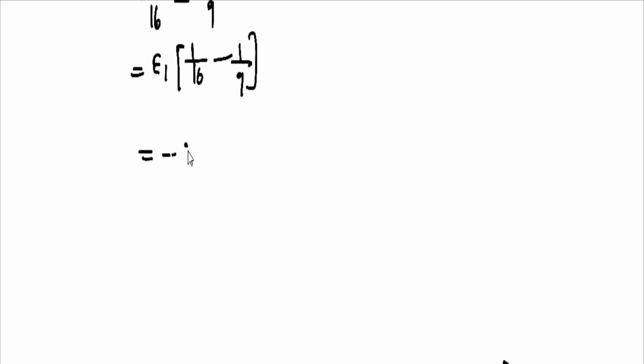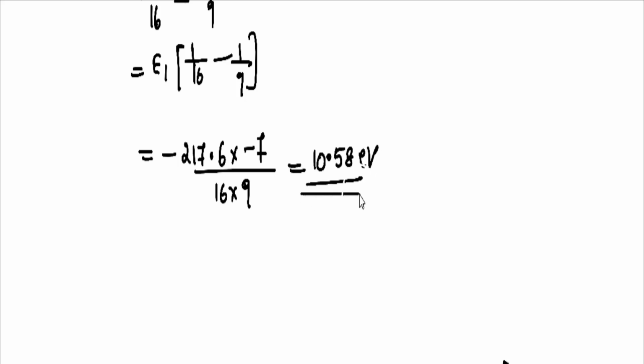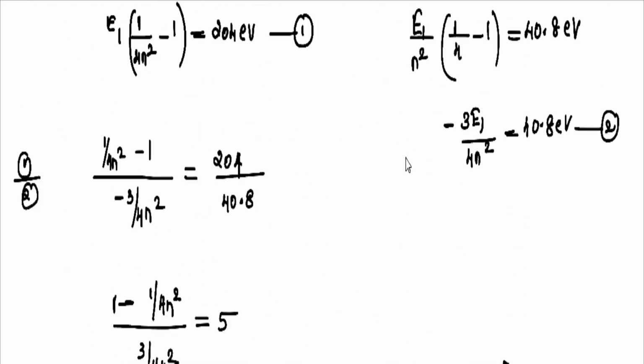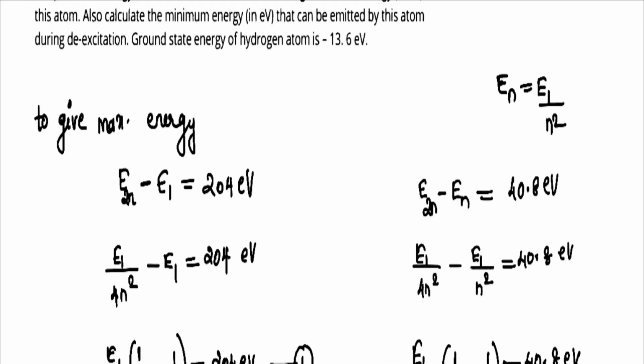E1 is minus 217.6 into minus 7 divided by 16 into 9, which is equal to 10.58 electron volt. So this is the minimum energy. Okay, so these are the three answers we were asked to find in this question.